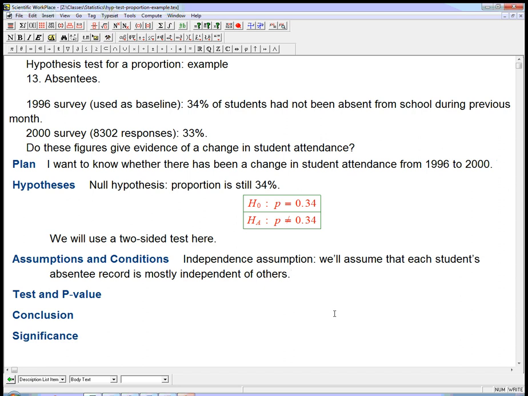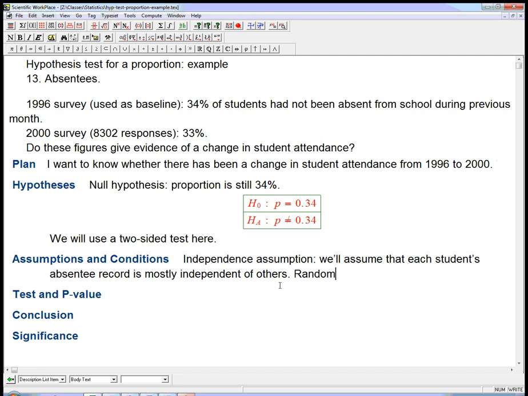Now there are some issues because absenteeism could be due to sickness, which can come in waves and where there might not be independence. But hopefully that's not a strong effect, especially with such a large number of people who are almost certainly from various different schools. It definitely wouldn't influence each other in any obvious way. So as usual, it's an approximation, but it's probably pretty good.